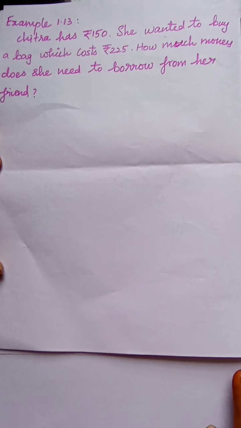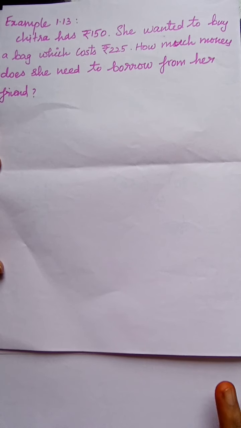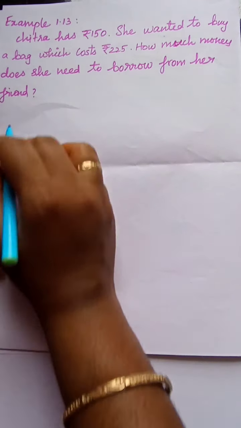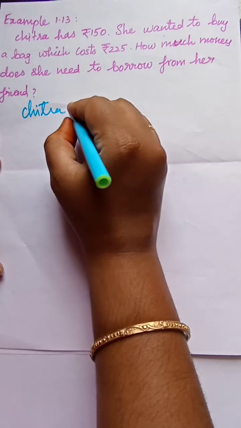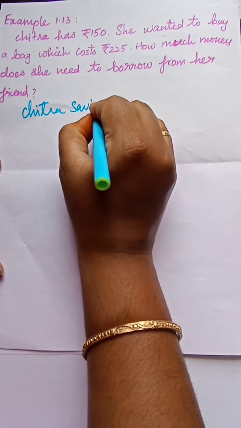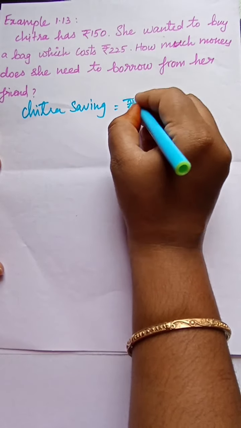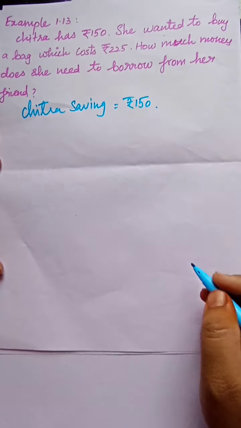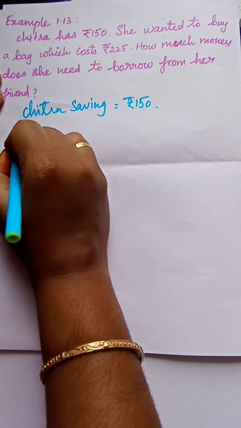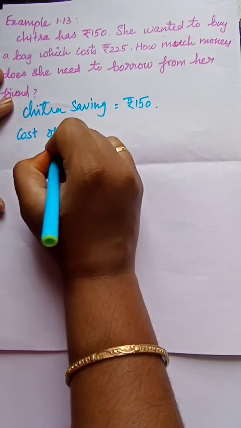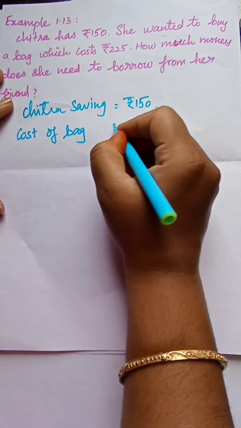So for that only, we are going to find the value of that amount. How can we find it? First we have to write the statement here. Chitra saving, how much? Rupees 150. Cost of bag, how much?